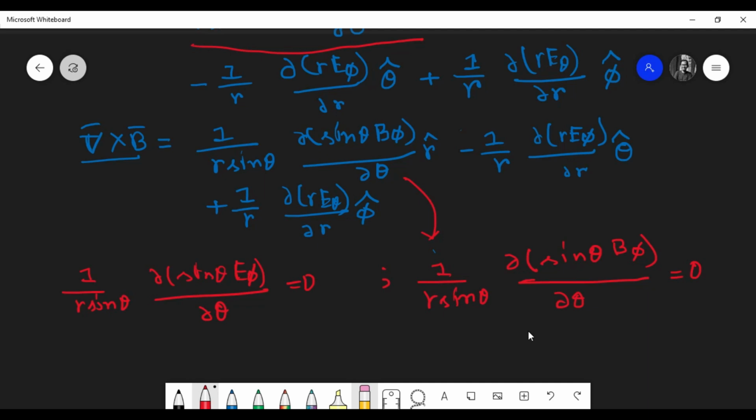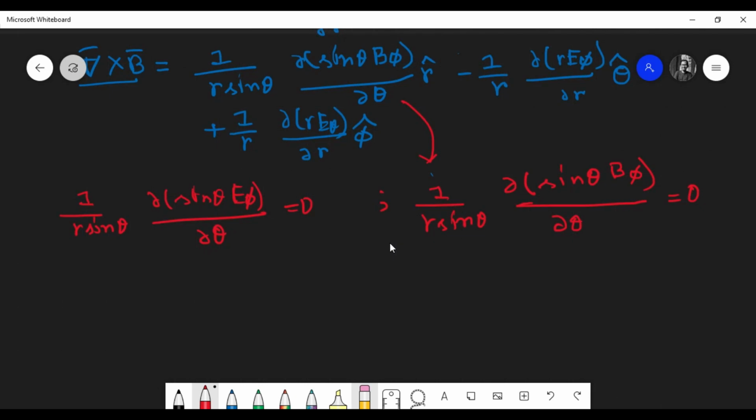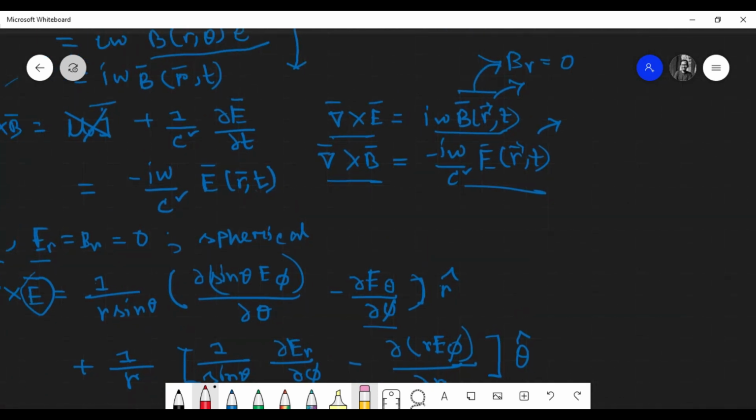And now let's look at the theta and phi components of curl of E and curl of B. So the theta component of curl of E, and let's look at the Faraday equation here.